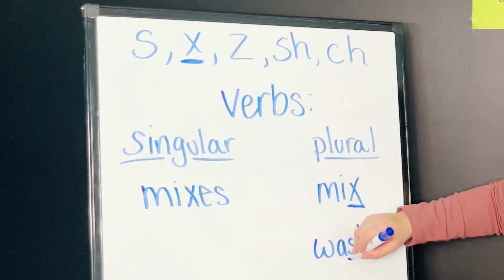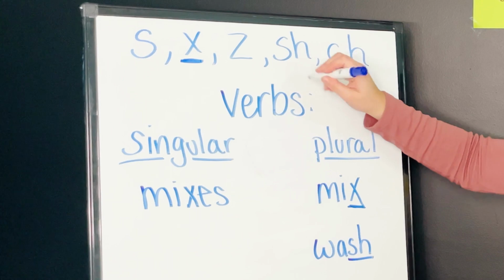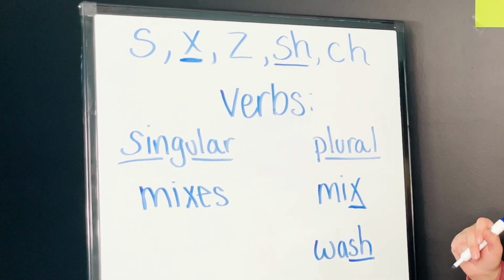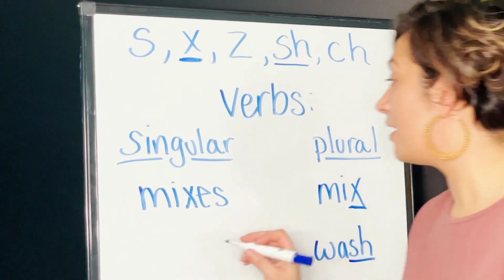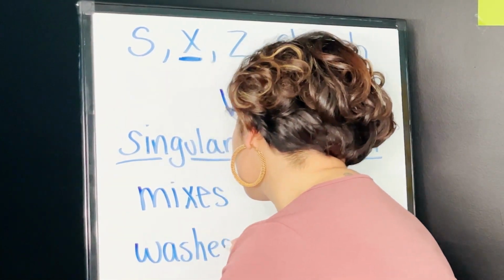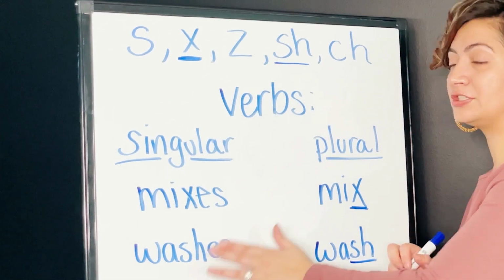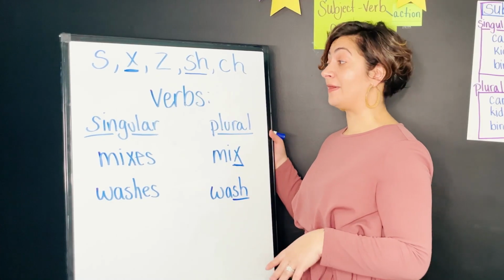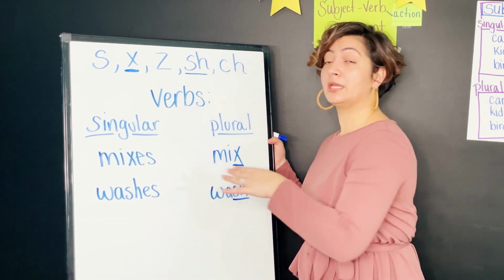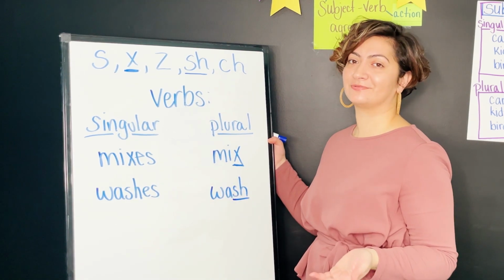I see that it ends in one of our special letter combinations, SH. Add ES. So our singular verb would be washes. And this would mean if I was talking about one, right? So the player washes his uniform after practice.